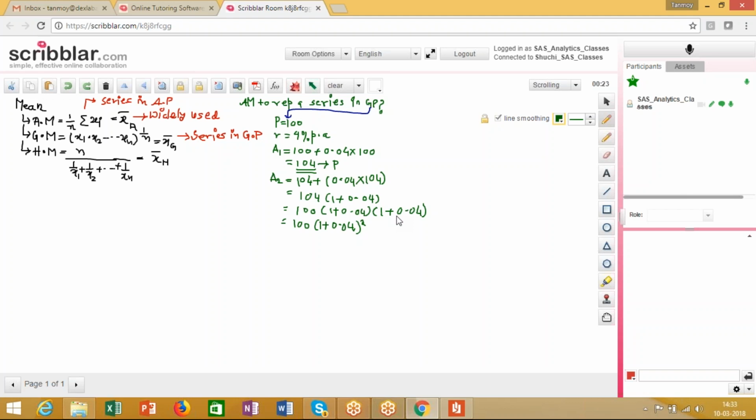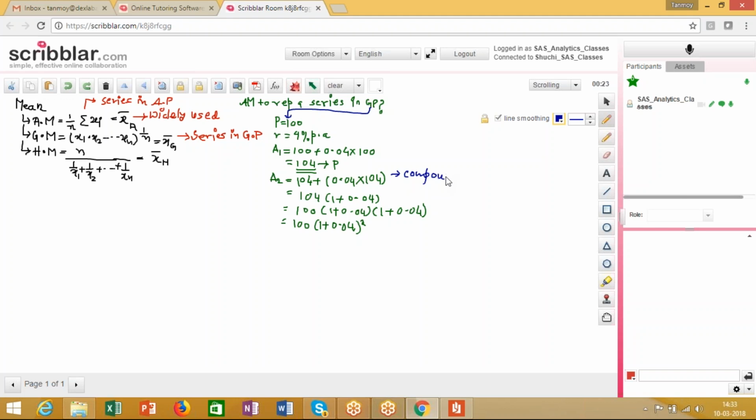A very simple example of geometric progression, therefore, is compound interest. Say for example, your interest is getting compounded annually and you want to find out the average rate of interest that you have earned.